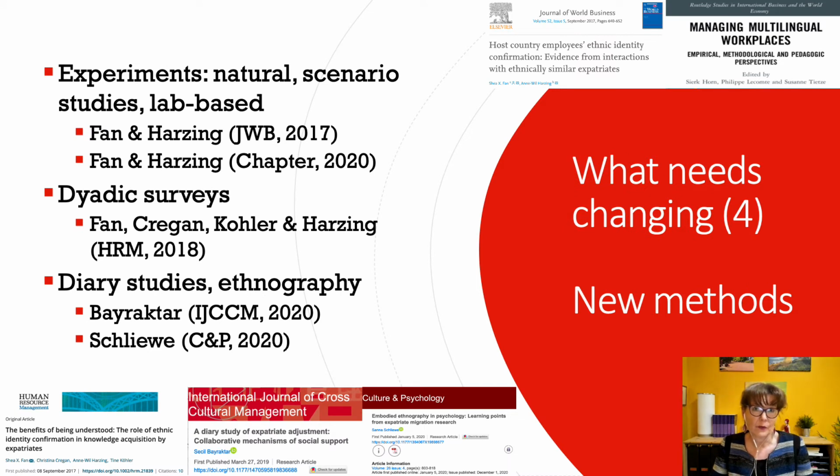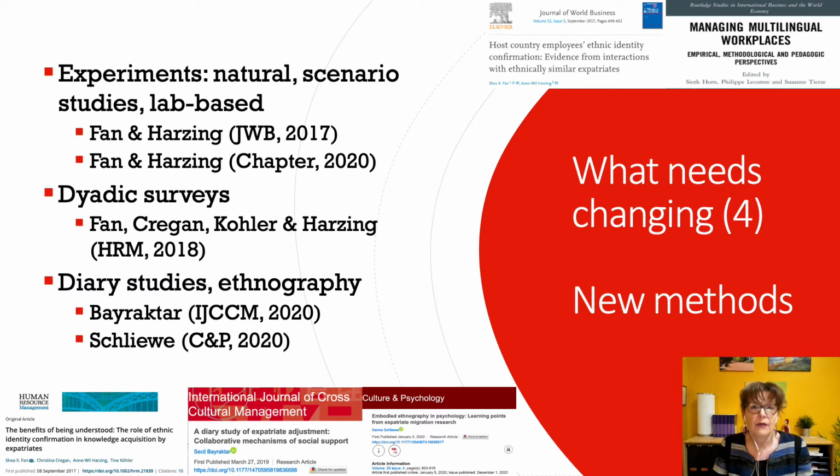And then research methods. As I mentioned earlier, to date the international mobility literature has largely relied on surveys, interviews and secondary data. But I think we can be much more creative than that. For instance, look at experiments, which my former PhD student Xie Fan has used quite a bit.